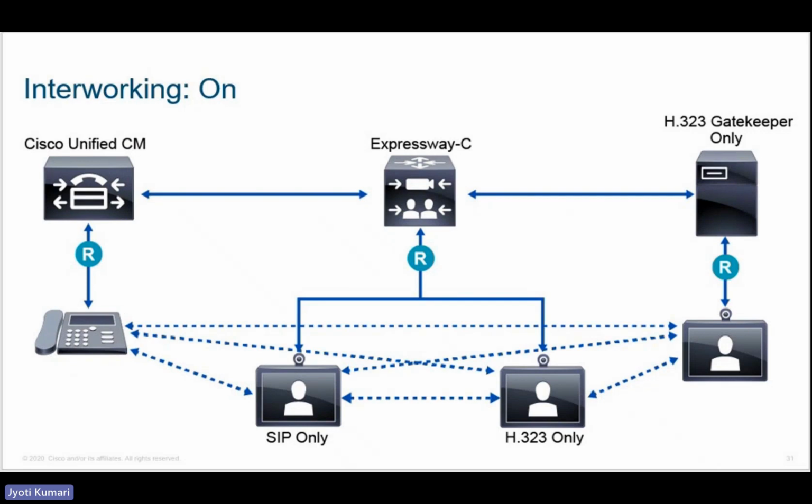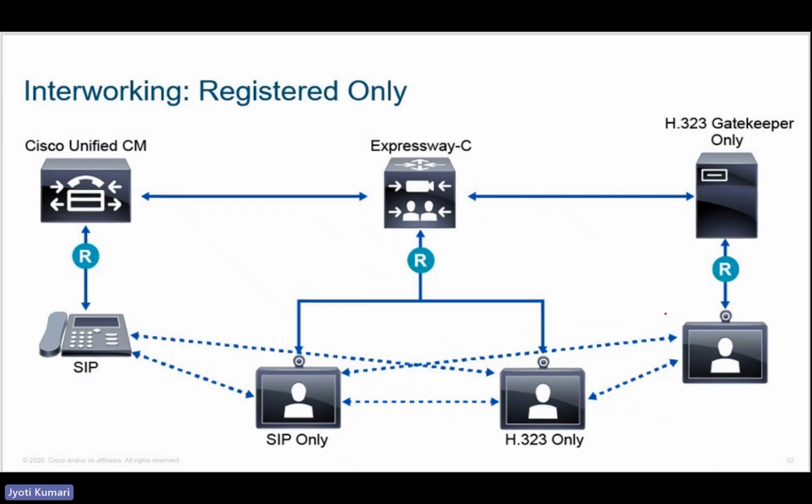In this case, when interworking is on, all the calls between SIP and H.323 endpoints registered to Expressway, CUCM within the network, or any other gatekeeper can communicate with one another. Whereas registered only limits this capability: communication is allowed through Expressway C between SIP and H.323 endpoints only if at least one of the devices is registered to the Expressway.